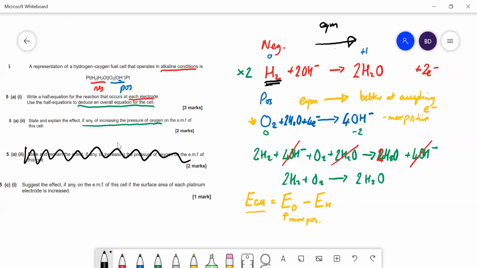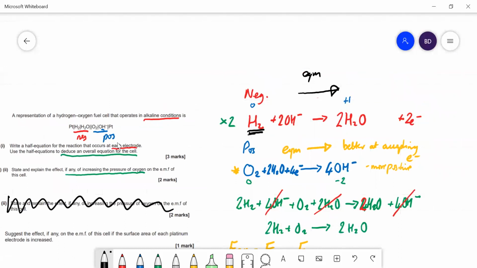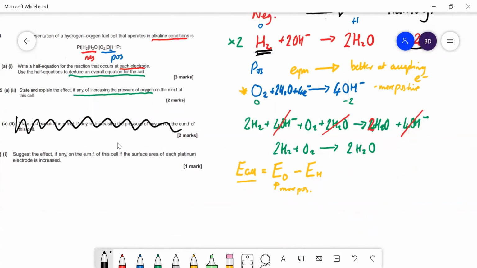In other words, it will be better at giving out electrons. It gives out these electrons here. That would make it more negative. What would that do to the E cell? Well, let's have a look here. We've got the E cell equation.